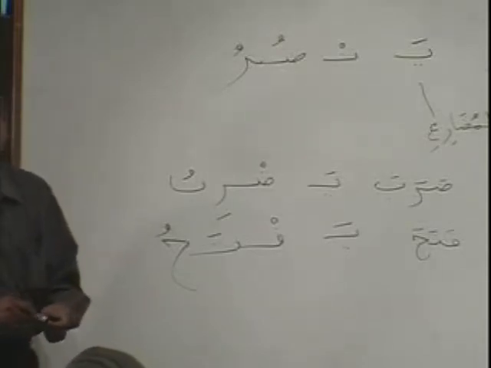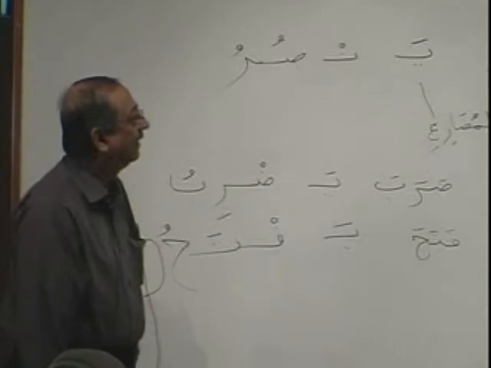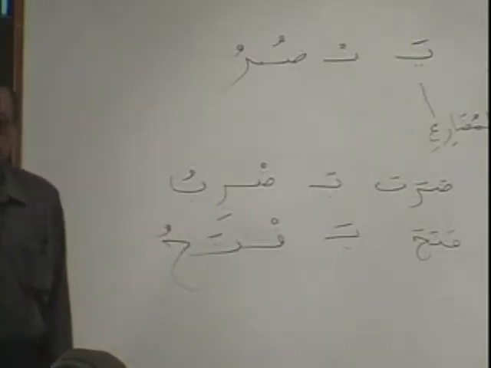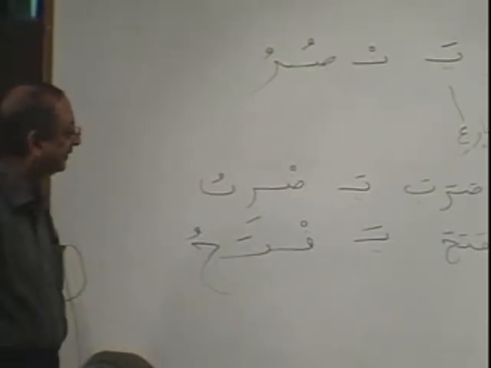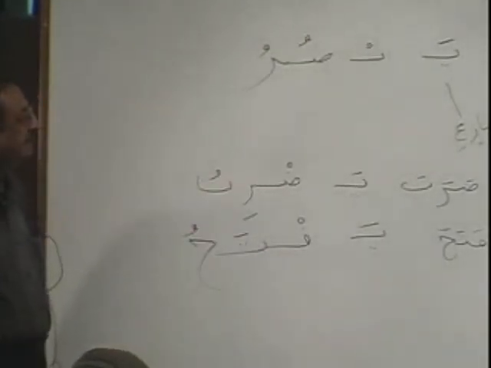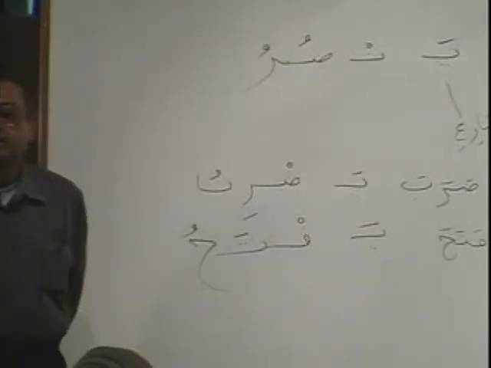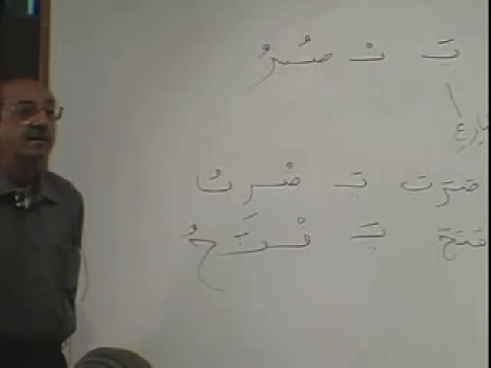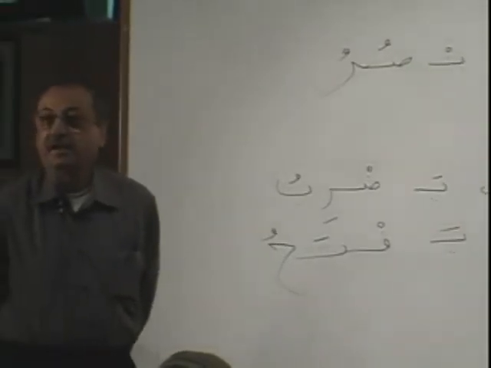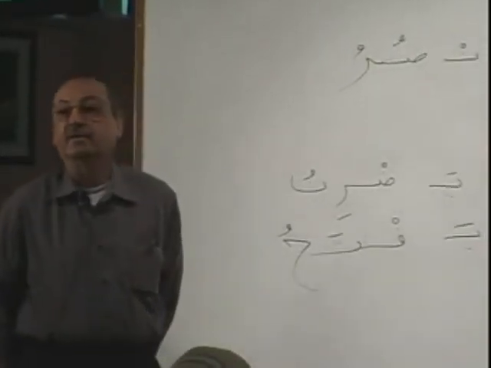There is a nice little poetry. Okay? And I will give you the handout, and slowly we'll become strong, brothers and sisters. So from this example, you see that the ain kalima, when it goes into mudariya, can have dhamma, can have a kasra, can have a fatah.